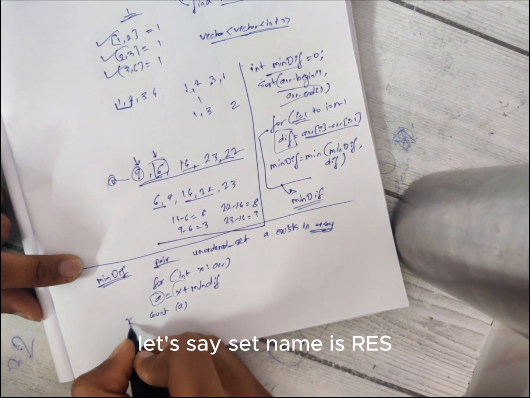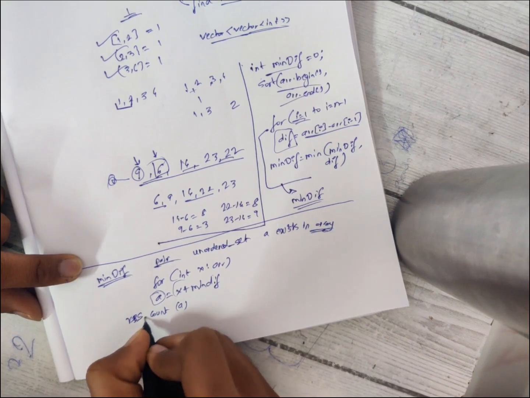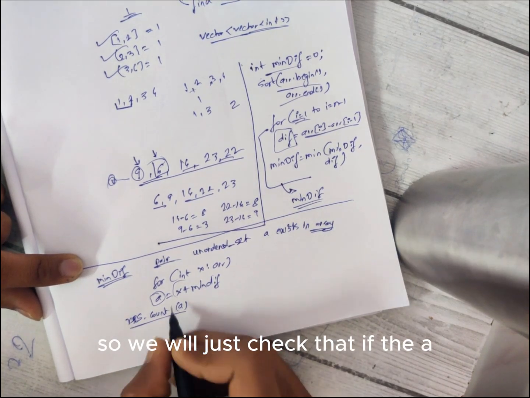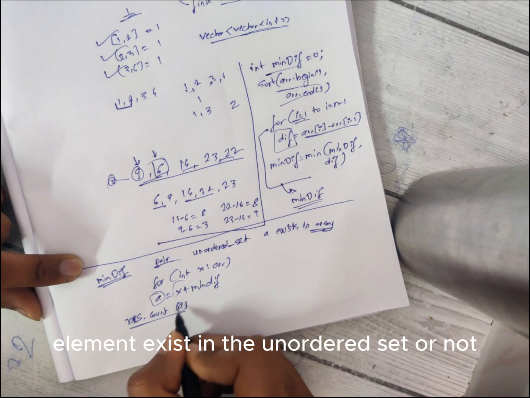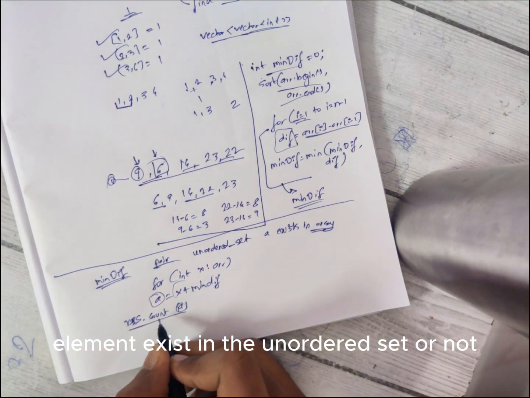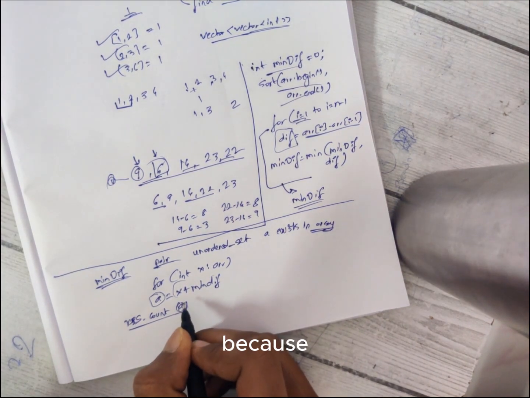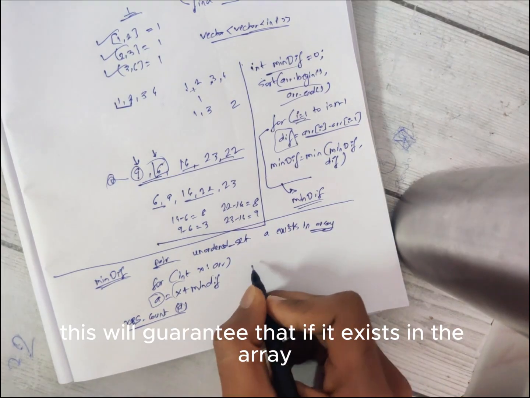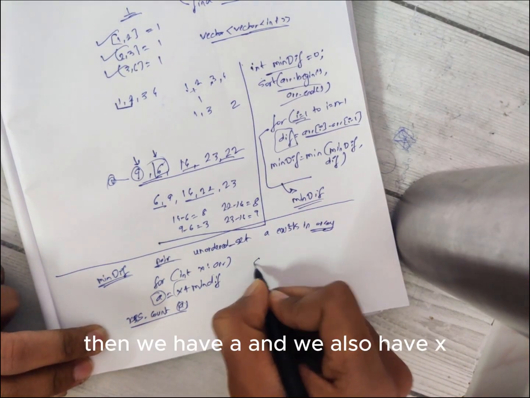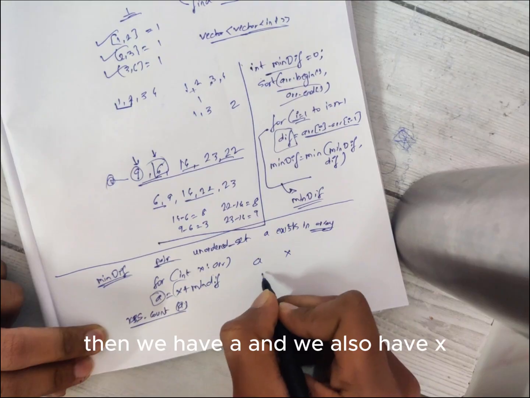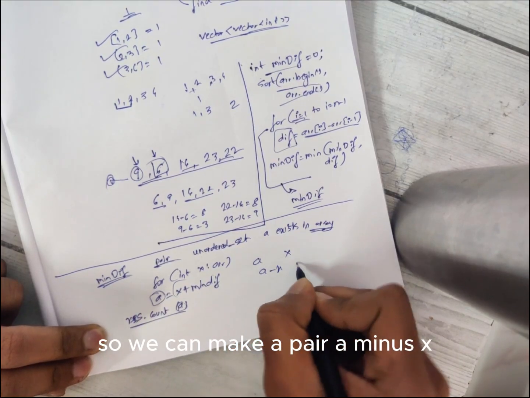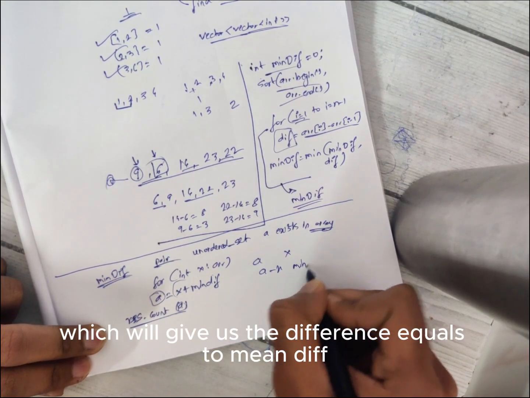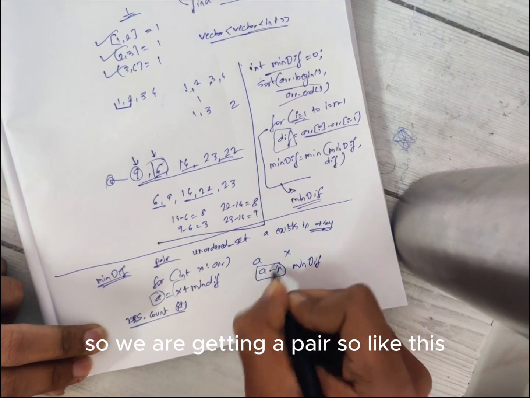Let's say the set name is res. This will guarantee that if it exists in the array, then we have A and we also have x. So we can make a pair A, x, whose difference equals mindiff. So we are getting a pair.